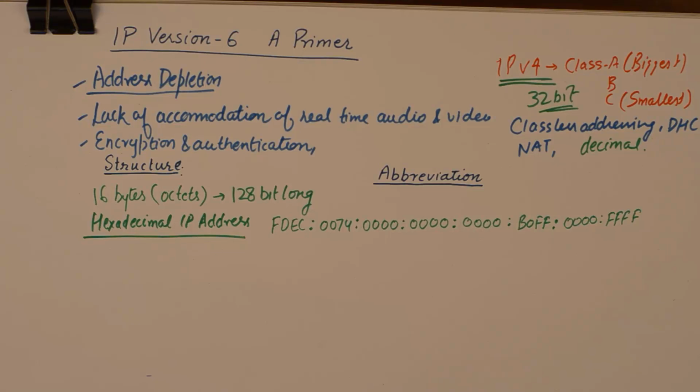So what we can do is we can abbreviate the IP version 6 address. There are a few rules that we can apply to abbreviate this IP address to make it short, and the first rule is the leading zeros of a section can be omitted.